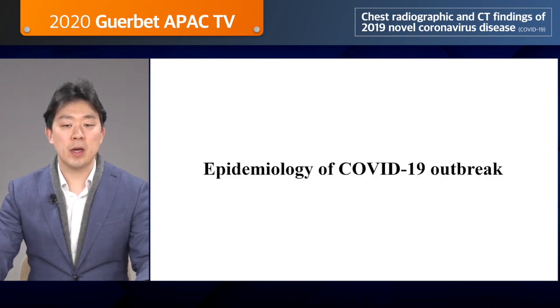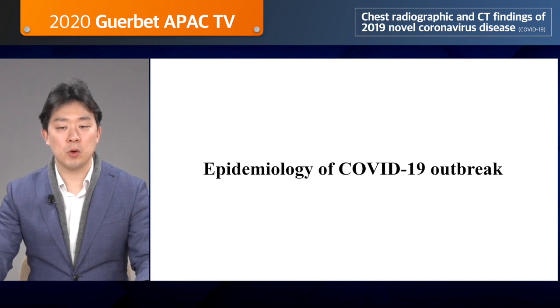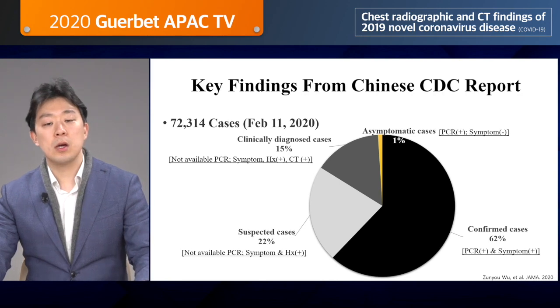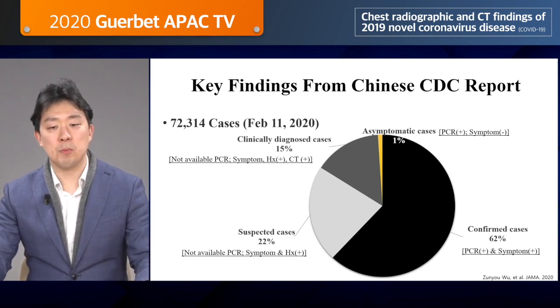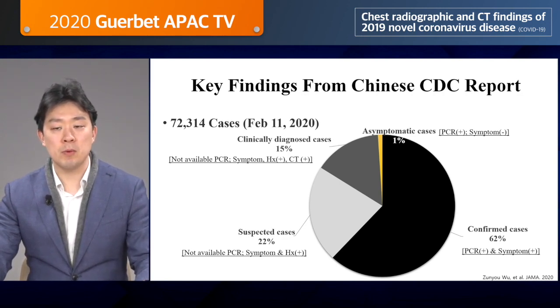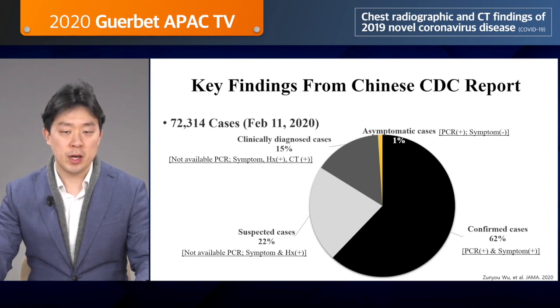The first topic is the epidemiology of the COVID-19 outbreak. The Chinese CDC reported the summary of about 17,000 patients with COVID-19 in February.